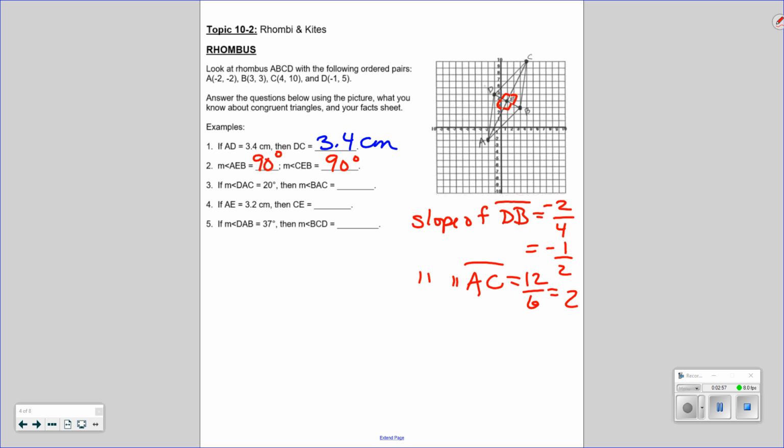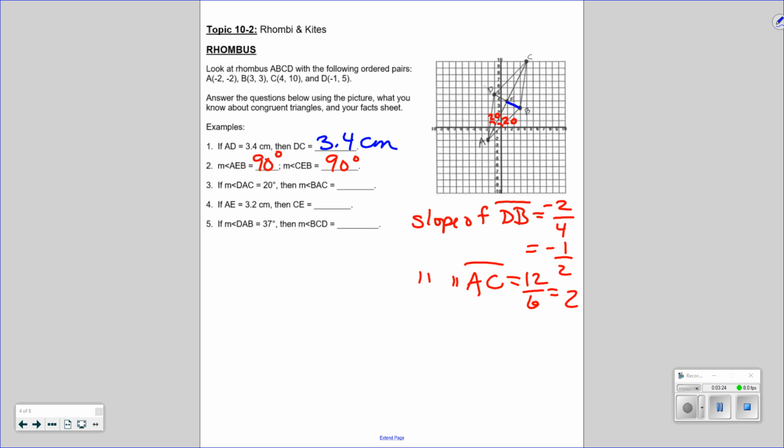All right, then it says if the measure of angle DAC is 20 degrees, so DAC is this side right here is 20, then what's the measure of angle BAC? If you remember from yesterday when we looked at the square, it should be 20 because the diagonal should bisect that angle. But let's look a little bit closer as to why.